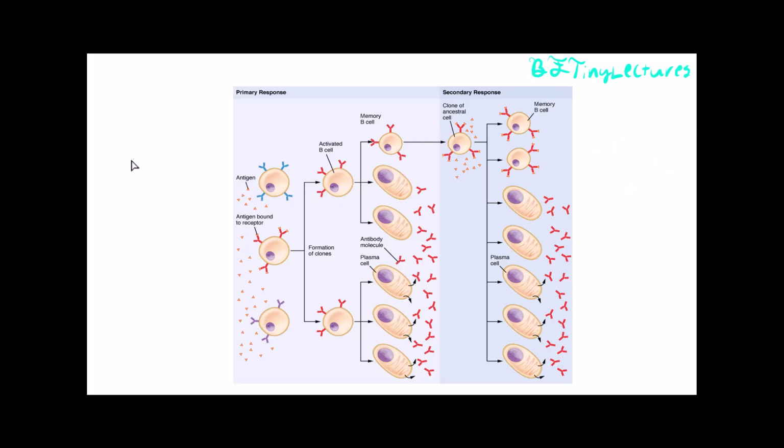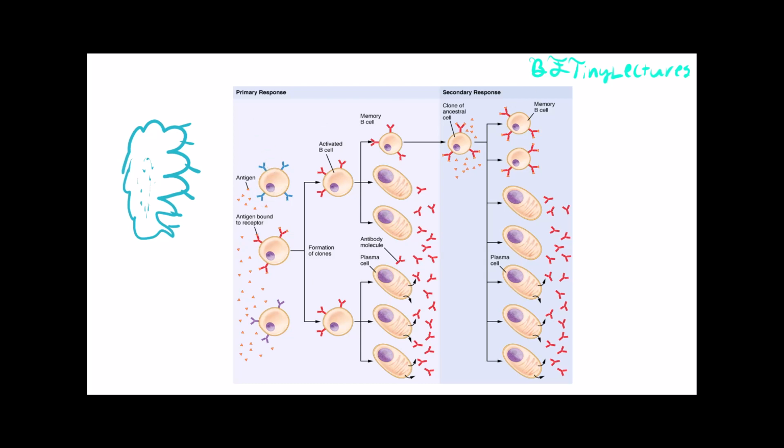Let's say that we have a dendritic cell, and this dendritic cell is going to take in a pathogen and it's going to break down this pathogen. Now it's going to present this antigen right here on its surface, and then it's going to present it to the B cell. The B cell is going to take in this antigen and it's going to become partially activated.